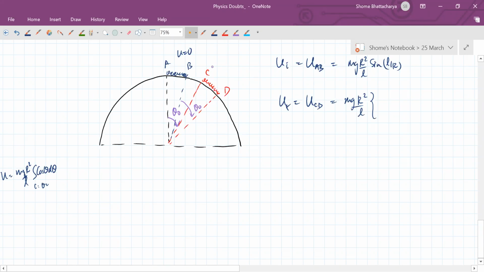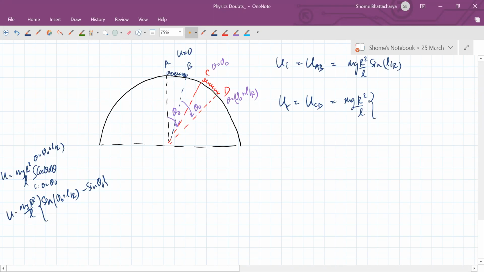So here at C the value of theta is equal to theta naught, and at D the value of theta is theta naught plus L by R. So limits are going from theta equal to theta naught to theta equal to theta naught plus L by R. So it will become mg r square by L, sine of the upper limit, that is theta naught plus L by R, minus sine of the lower limit, that is sine theta naught.